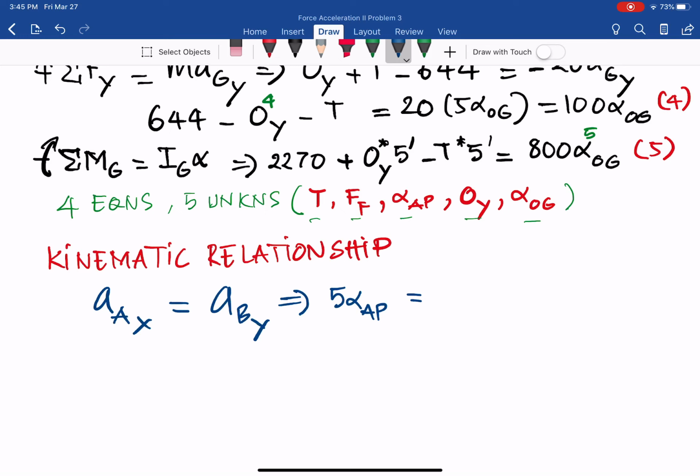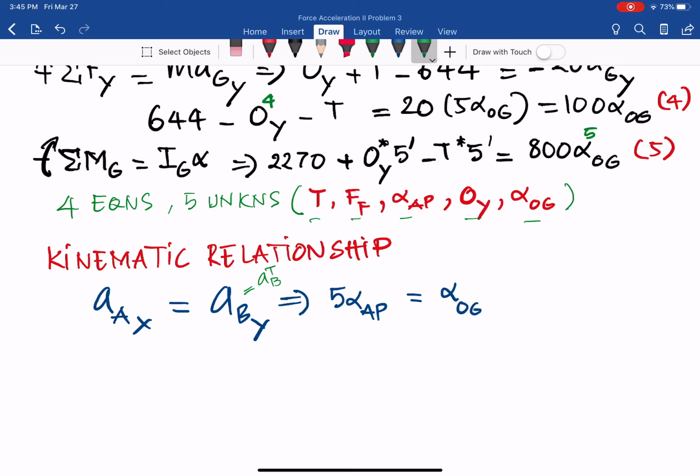Actually, it is ABT, the tangential component for the Rafa body OG, the wheel OG. So it is equal to alpha OG, if we talk about the Rafa body OG, times the radius.